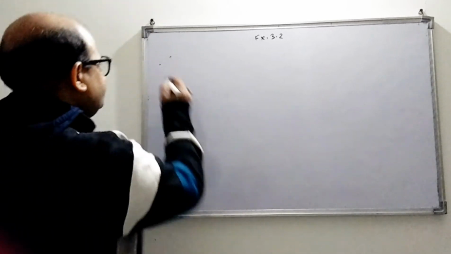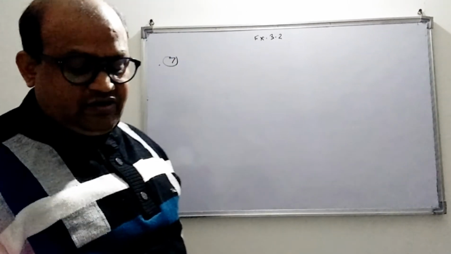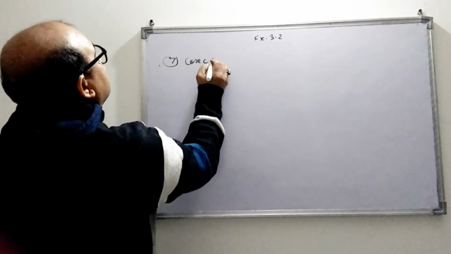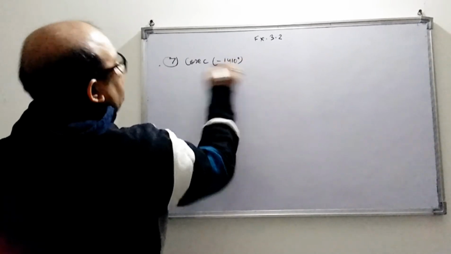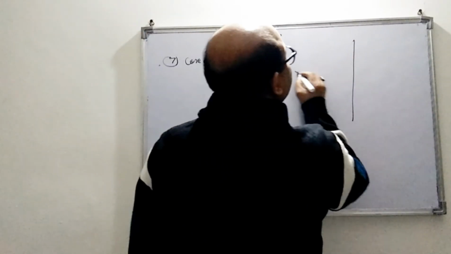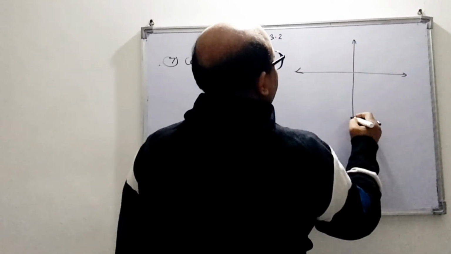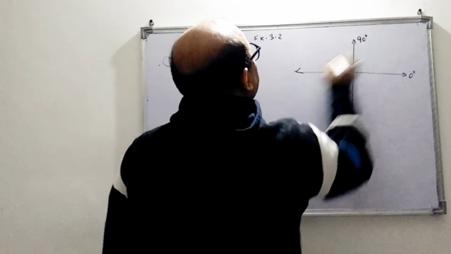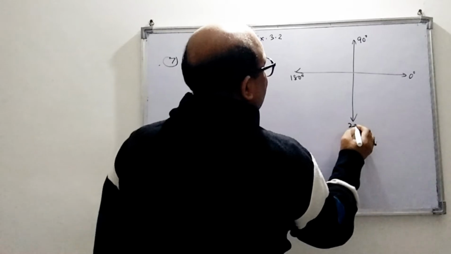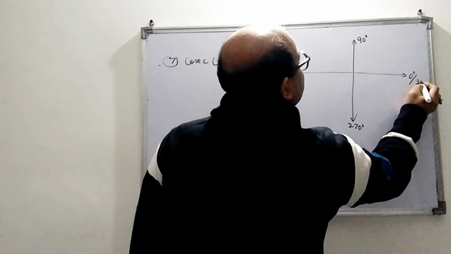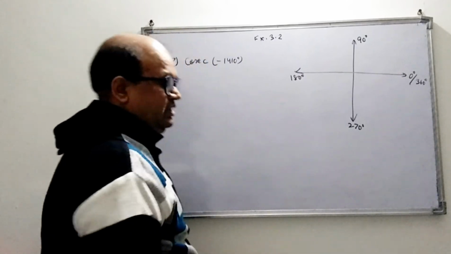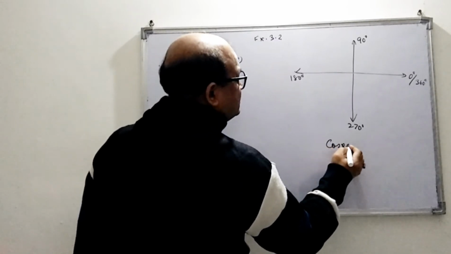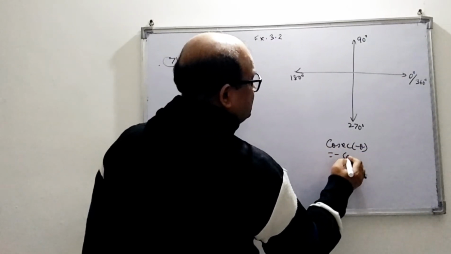Next is question 7. You have to find out cosec minus 1410 degree. Now see here, this is again 0 degree, 90 degree, 180 degree, 270 degree and here 360 degree again. We had learned one identity: cosec minus theta equals minus cosec theta.